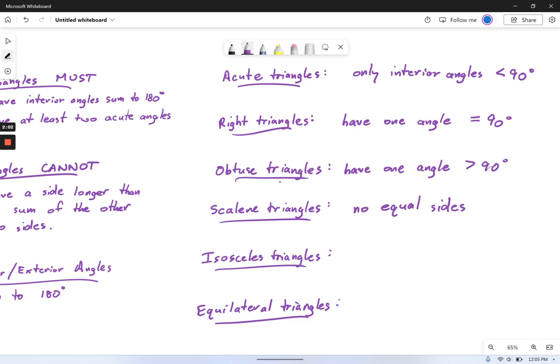Isosceles triangles have two equal sides. And one of the theorems of geometry says that if you have two equal sides, you also therefore have two equal angles. Which you might take to mean that, well, if the scalene triangle has no equal sides, that means no equal angles. That would be right.